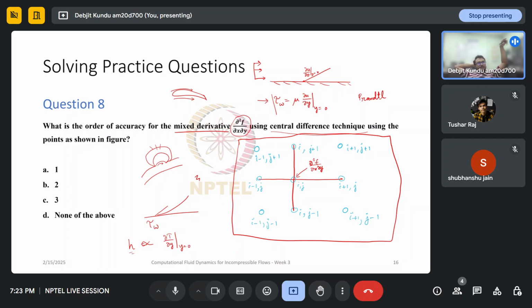So I'll give you one hint over here. So in each direction, let's say in the x direction, be it in the y direction, there are only 2 points that you can access, one in front and one at the back.